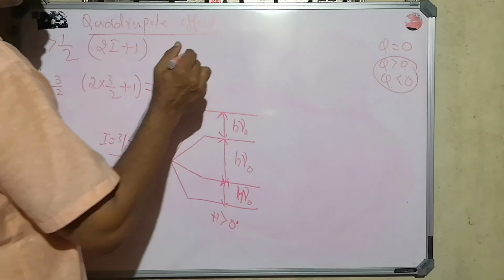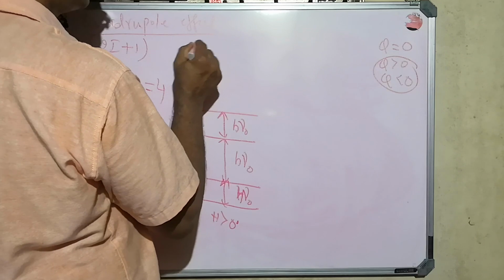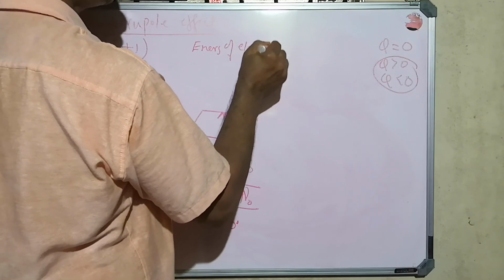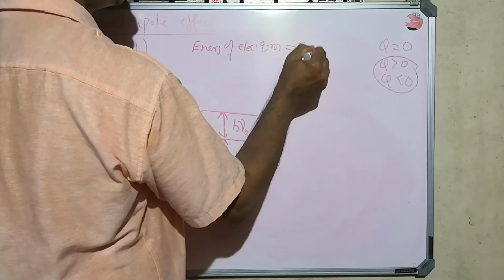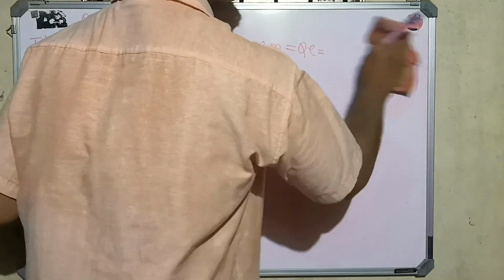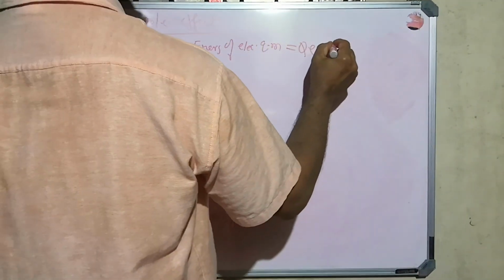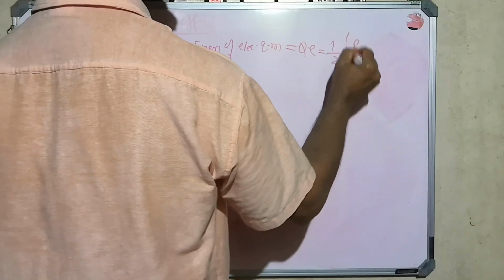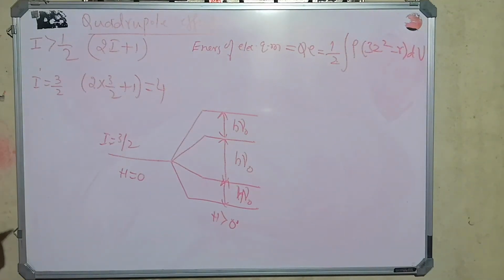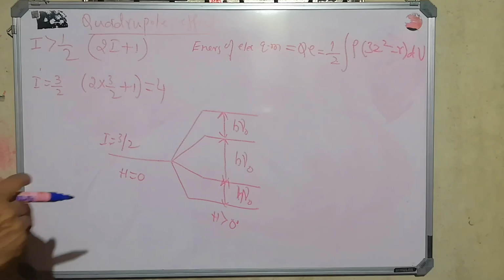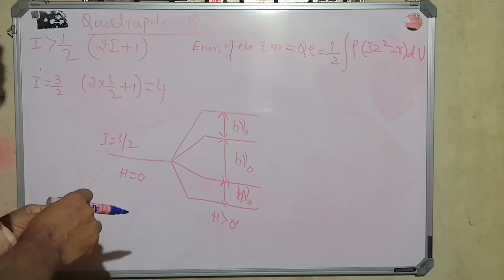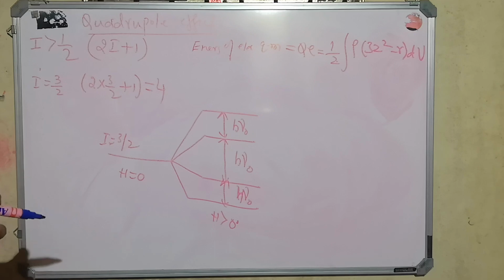Therefore the energy of the electric quadrupole moment is given by Q into E. It is the product of quadrupole moment and charge, that is equal to half integration rho (3 z square minus r square) dV. Here rho is the charge density, dV is the volume element, r is the distance from the center of the nucleus, and z is the coordinate along the symmetry axis of the nucleus.